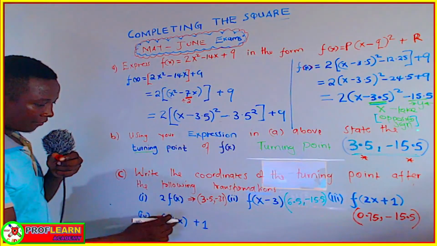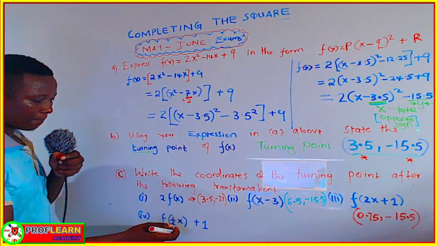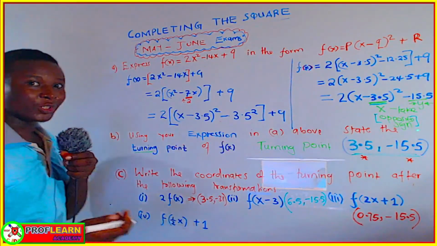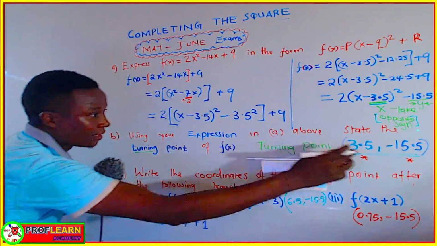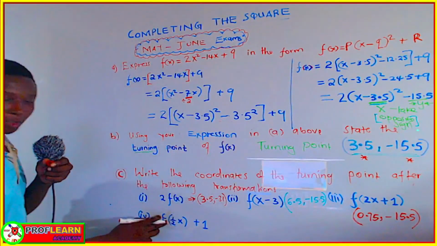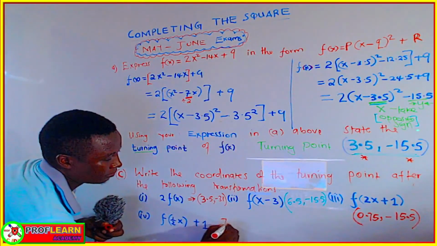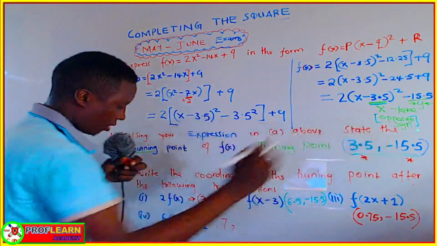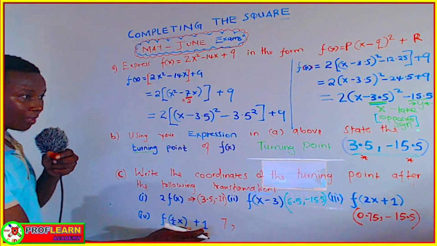This is a half x, so we do the opposite. This is divide by 2, so we are going to multiply the x coordinate by 2. So this is going to be 3.5 times 2, which is 7.